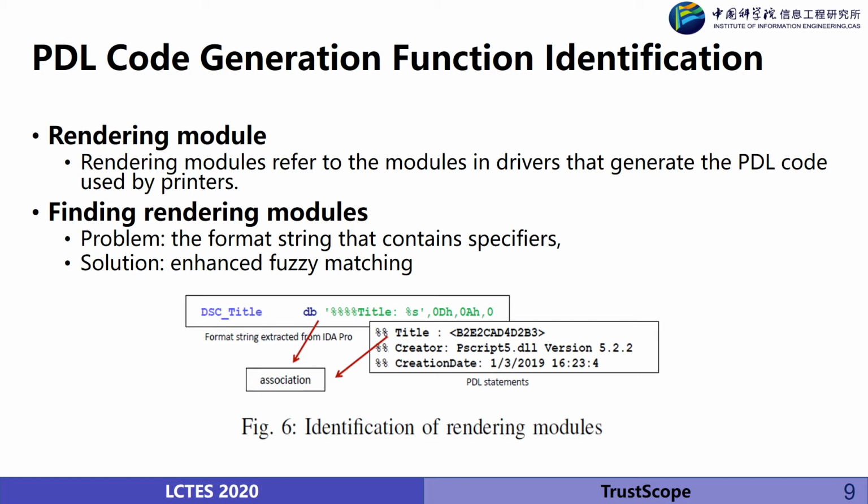Our analysis reveals that the generated PostScript from a driver has a clear association with the format strings contained in an output module used to generate PostScript. Therefore, we can print a set document and compare strings in the generated PostScript to format strings within driver modules.